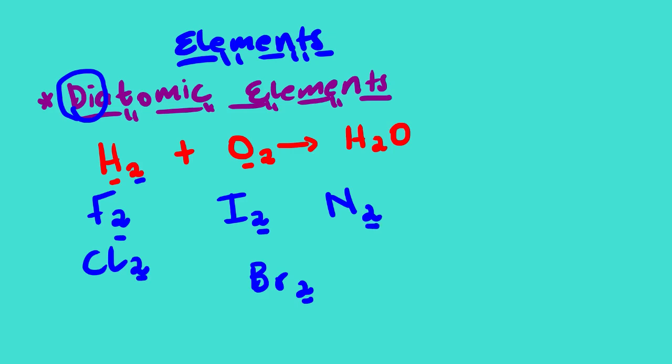Another chemical reaction that consists of diatomic elements is the formation of ammonia, NH3. We can see that we need to react nitrogen and hydrogen, and both of them are diatomic elements. Once you understand this diatomic element, it will be simple for you to know how to balance the equation.